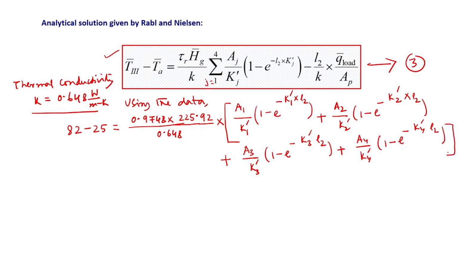So, big bracket close, then minus L2 by K, which is 0.648, multiplied by, we have Q load, which we have already calculated. So, which is about 225 into 10 cube divided by AP, right.